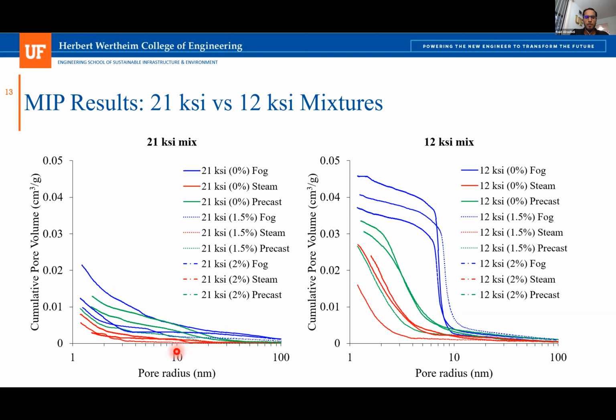And based on my experience, this means it has too low porosity, especially if we look at the steam curing samples. It has almost flat lines, so we cannot establish the critical pore diameter.